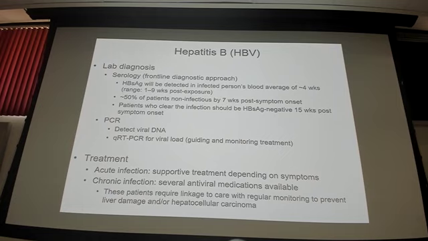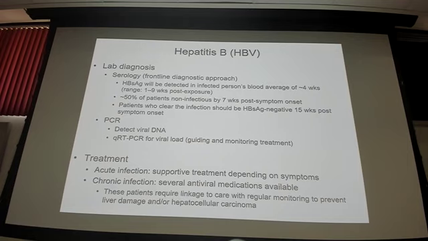If somebody is diagnosed with hepatitis B, whether it's acute or chronic, you can also monitor their viral load using PCR, quantitative PCR. So if you have antivirals, that would be an important thing to monitor over time.